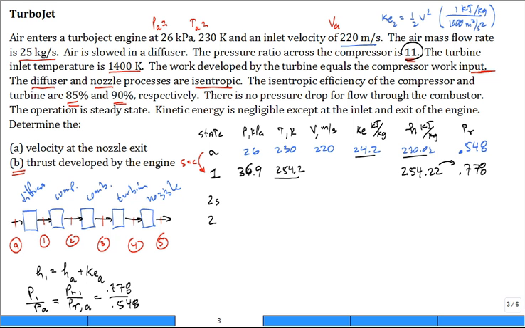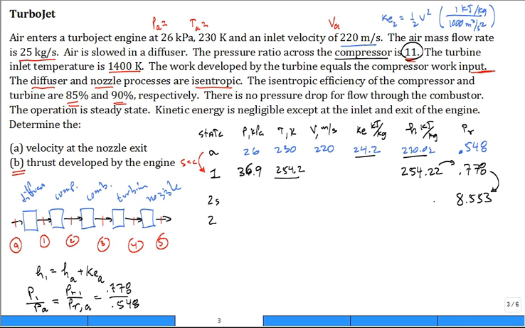The pressure ratio across the compressor is 11. So what is PR2S? Isn't that 11 times 0.77? So this is 8.553. See how we did that? So I have the pressure ratio for the isentropic state 2S, or isentropic compression through the compressor.